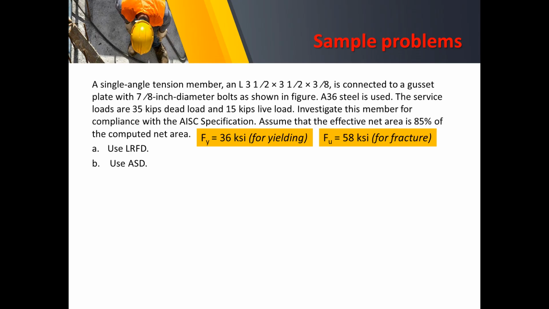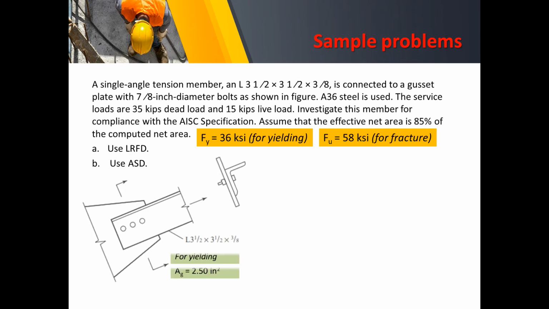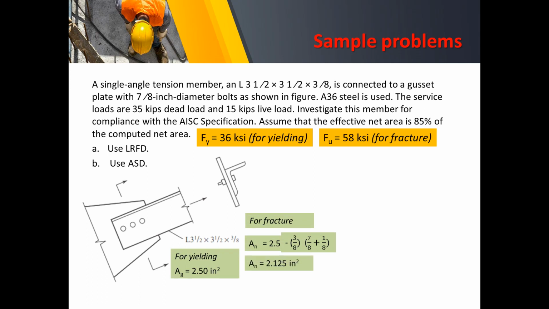For fracture, we do the same. We have the gross area of 2.5 square inches and the calculation of the net area, and taking 85% of that net area, we have the effective area of 1.806 square inches.